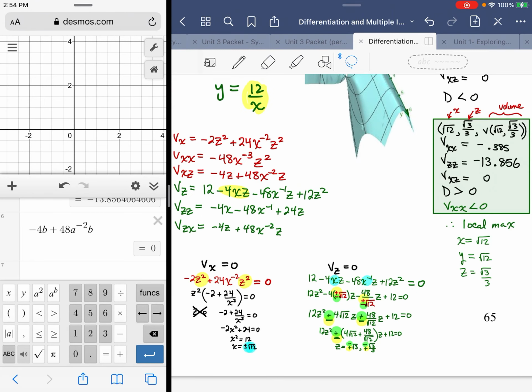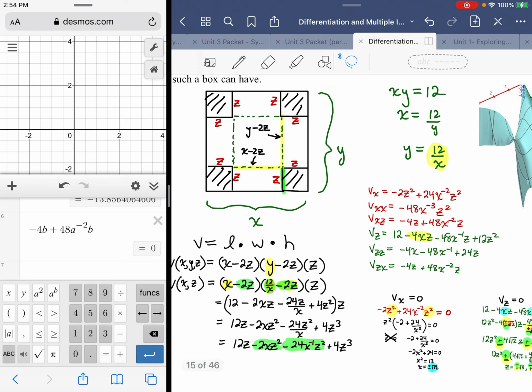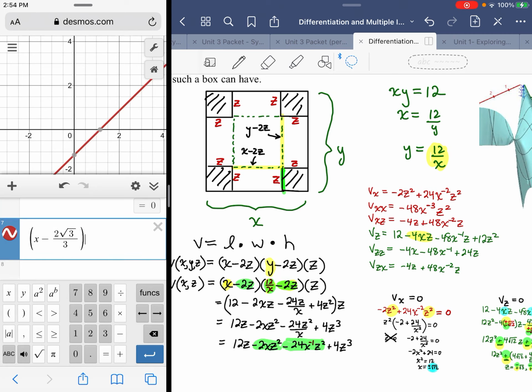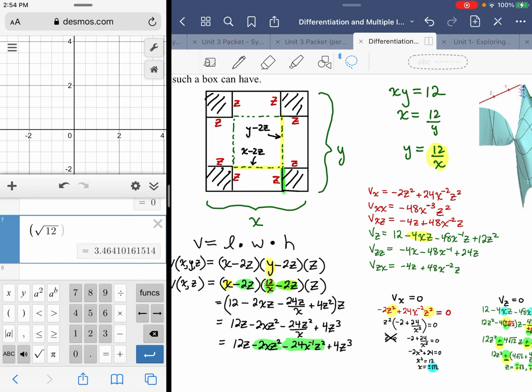But we have a formula, so why not. So we're looking at, again, x minus 2z, y minus 2z times z. So x minus, in parentheses, and it's only the one computation, so I could just pop it right in, x minus 2 radical 3 over 3. Oh, actually, we know what x is, which is really weird after all this.